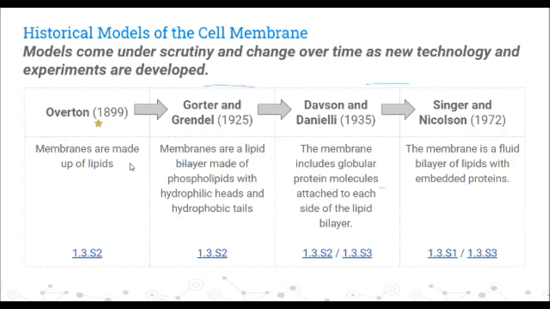Then when we come to 1972, we find Singer and Nicolson. These found out that the membrane is a fluid bilayer of lipids with embedded proteins. You get it? So that's what was discovered, and that's what we are going to look at in today's lesson. All right.